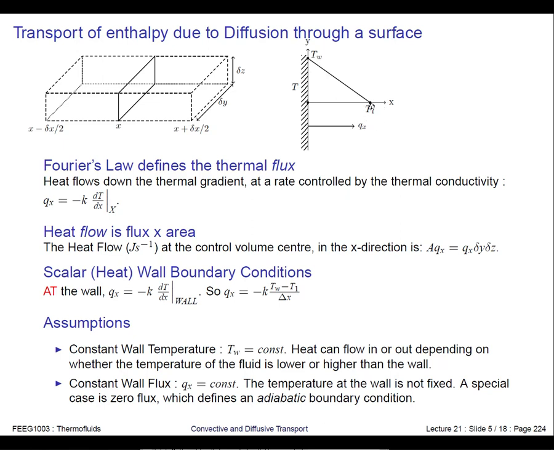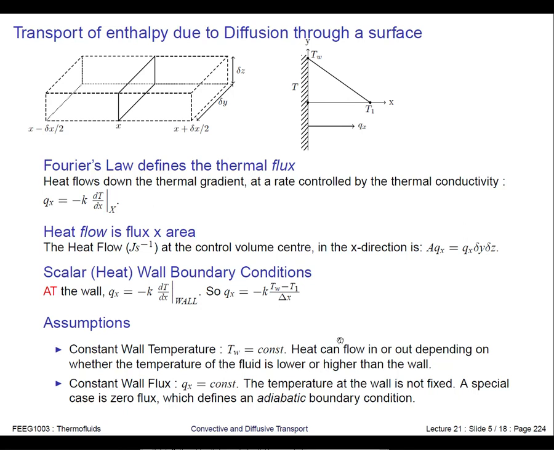So if T1 is smaller than TW, the flux is going to go from the wall into the domain, like this. But if T1 is bigger than TW, then the flux will change direction, and the energy will flow from the fluid through the wall and away. Okay, so that's one assumption that we can make.